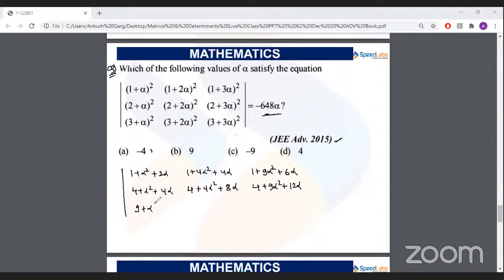And next one is 9 plus alpha square plus 6 alpha. 9 plus 4 alpha square plus 12 alpha. Okay. 9 plus 9 alpha square plus 18 alpha. I hope this is correct. Yeah. So this is what we are getting.